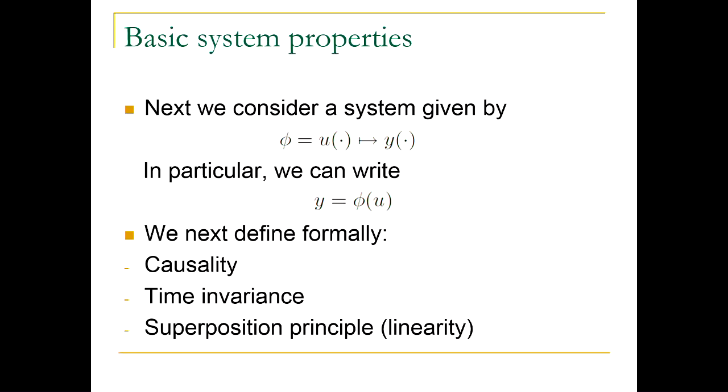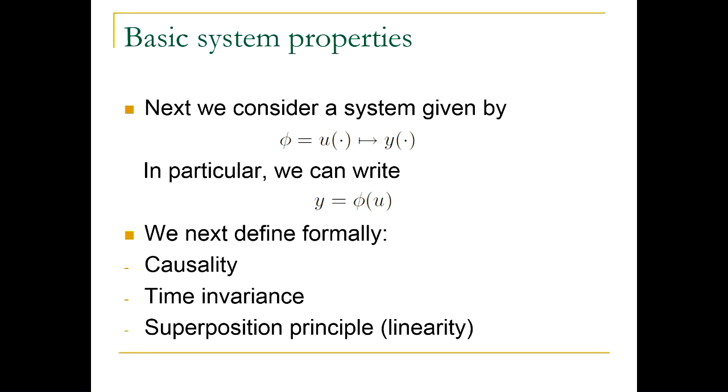By the way, you can think of this phi as actually your convolution equation, because the convolution equation takes any input and allows you to calculate the output that corresponds to this input, right? So this system phi is a map from the set of input signals to the set of output signals.